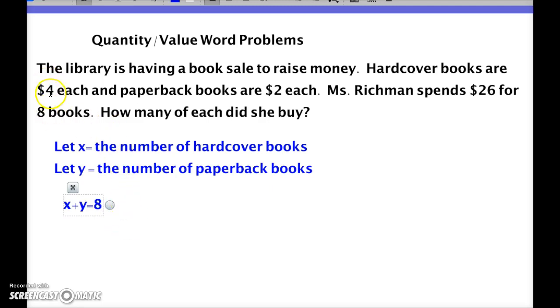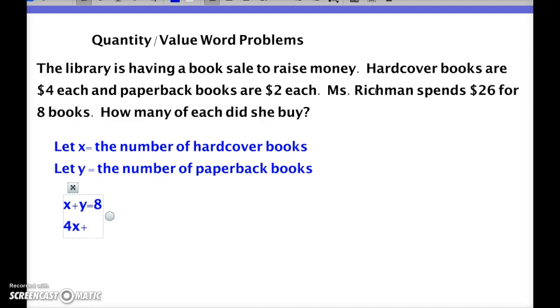Secondly, if I look at the dollar amounts, the hardcovers are $4 and the paperback books are $2. So how much do I spend on hardcover books? Well, if they're $4 each and I buy X of them, that means I will have spent 4X. And on the paperbacks, those are $2 each, and I buy Y of them.